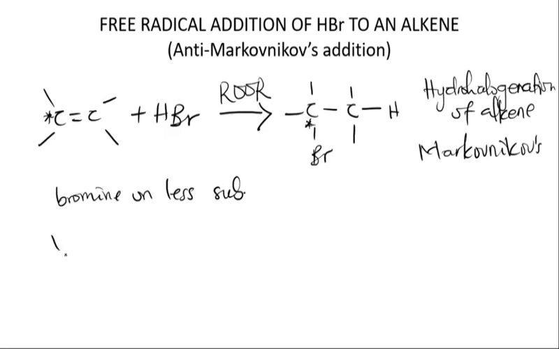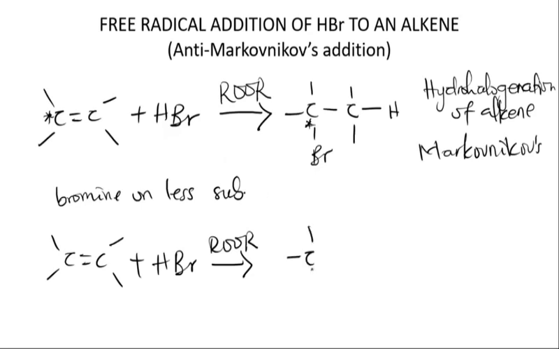That is, if we still have our alkene, and then we add hydrogen bromide in the presence of a peroxide, we get the anti-Markovnikov product. That is, we add the hydrogen to the more substituted carbon, and then we add the bromine to the less substituted carbon.